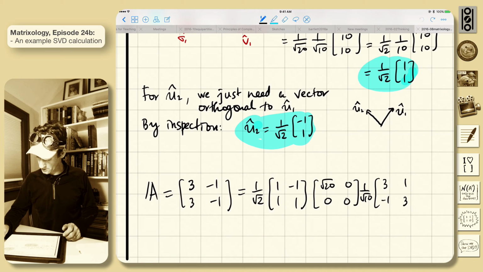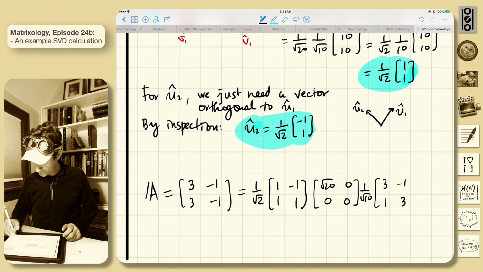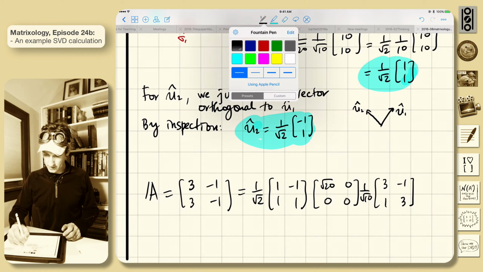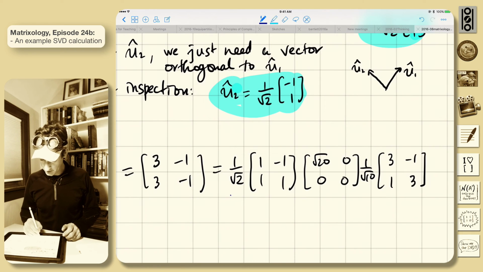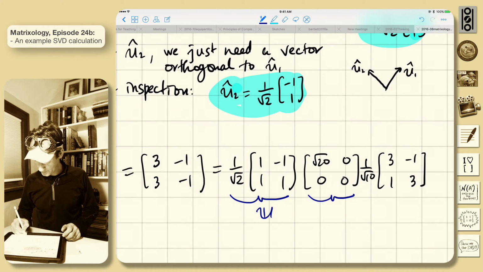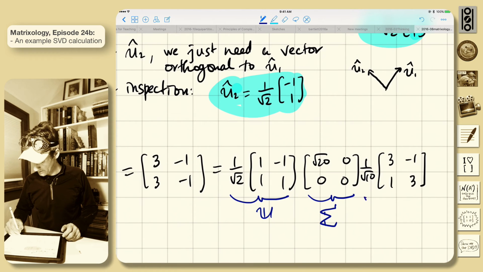But it's a transpose, so I just need to swap these pieces. Okay, so let's indicate what they are properly. So this is U, Sigma, and this is V transpose.